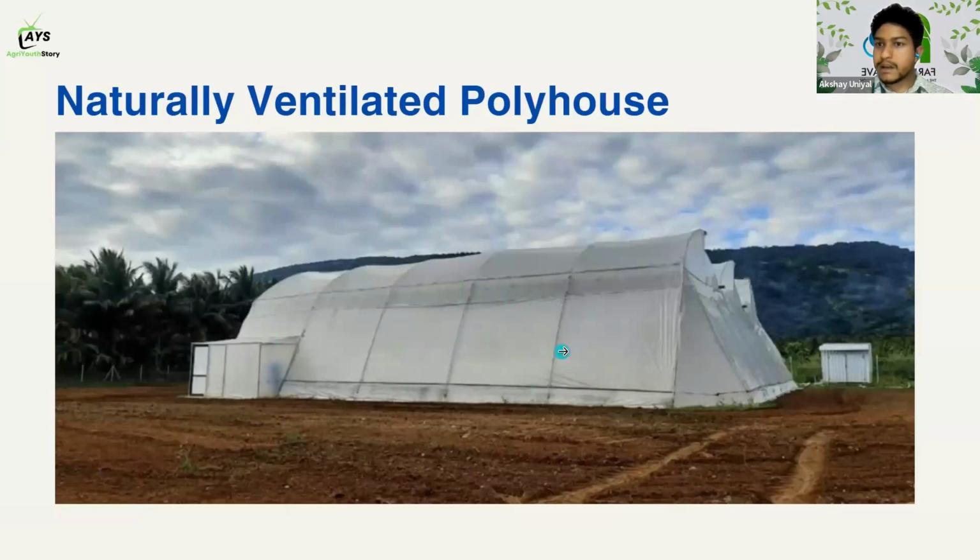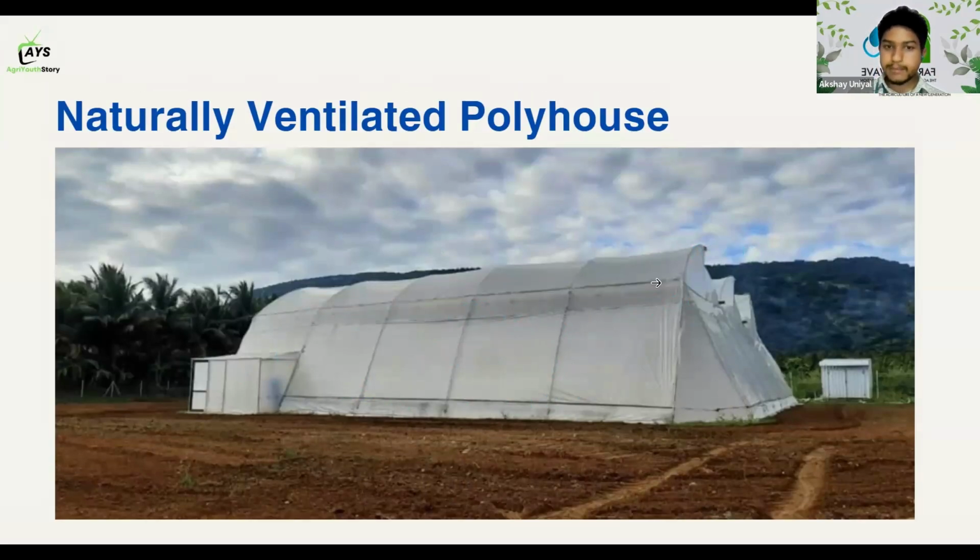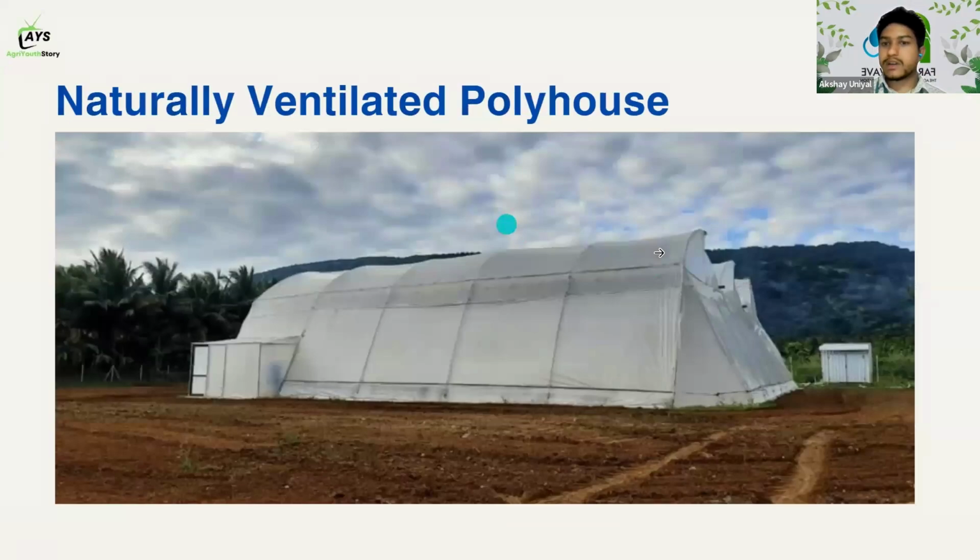Whenever we want the temperature inside a polyhouse to drop, we will roll the curtain up. The cold air will come in from this side, and this duct here will help in removing the hot air. So this is how a naturally ventilated polyhouse system works. This is a simple way.